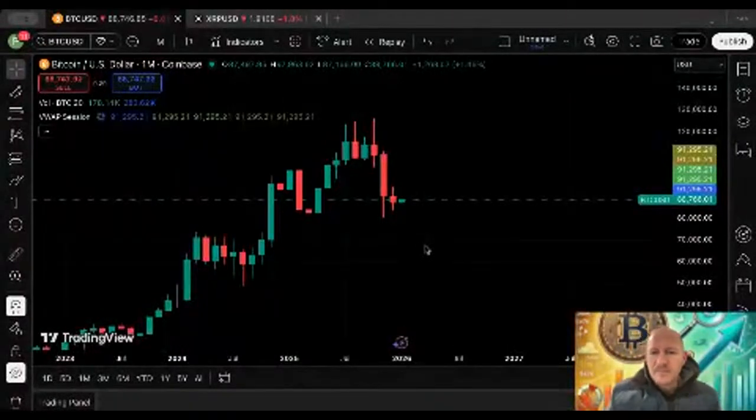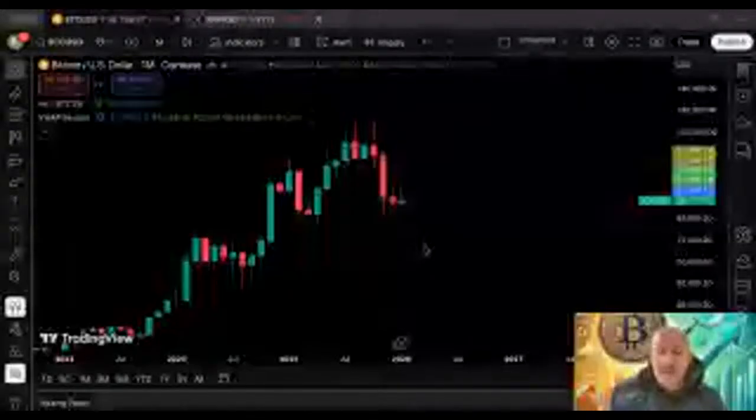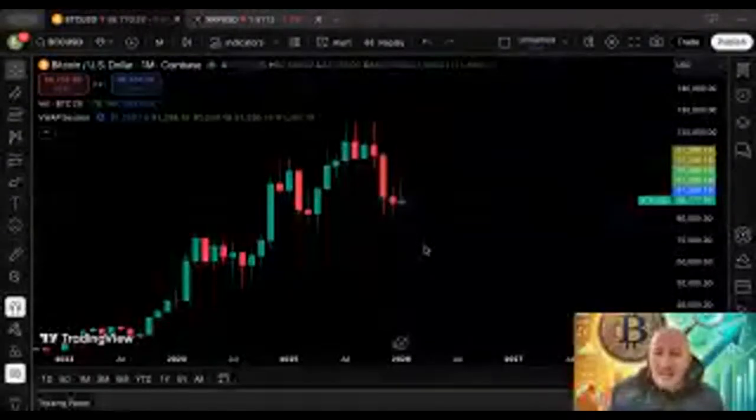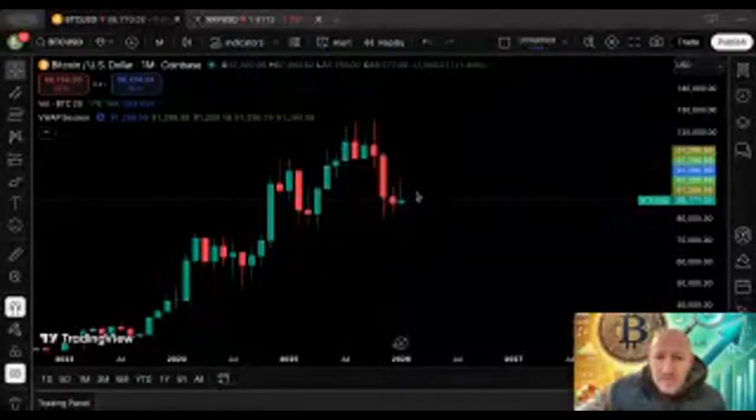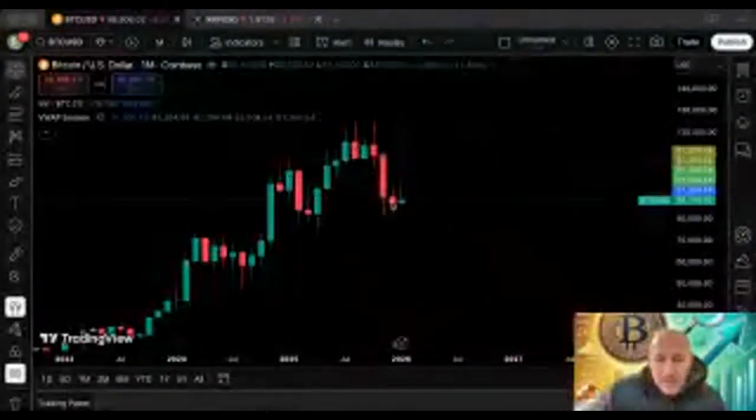So I need to make some money again. I open up the Bitcoin US dollar chart, and for me, I see opportunity because up, down, up, down, up, down. What's about to happen?